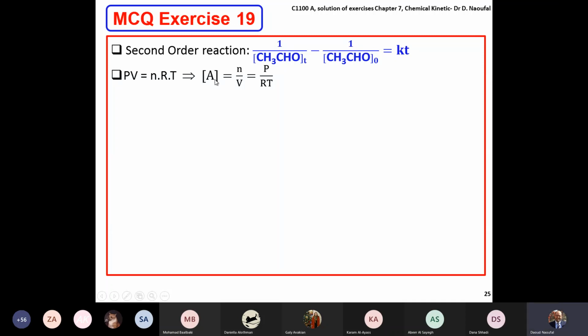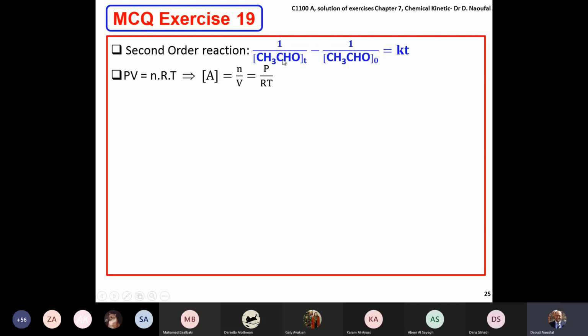This is the relation between the concentration and the pressure. I repeat, PV equals nRT, you can write P equals n over V times RT, n over V equals concentration, so concentration equals P divided by RT.